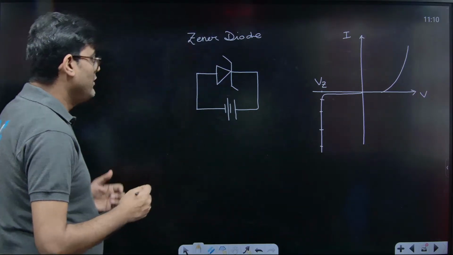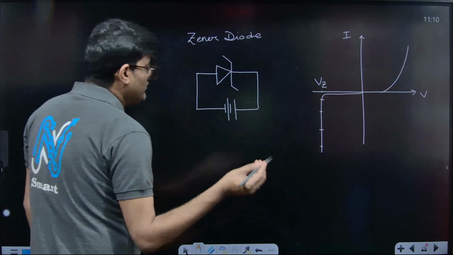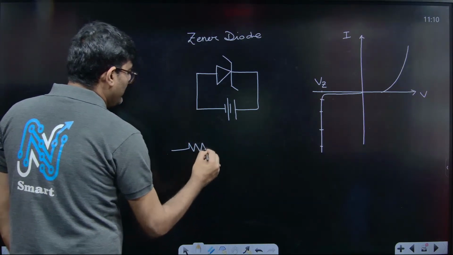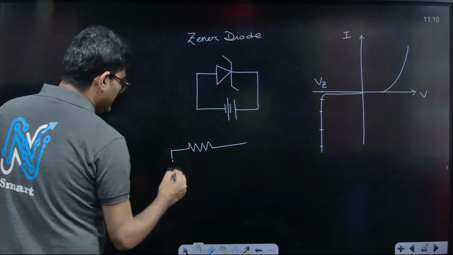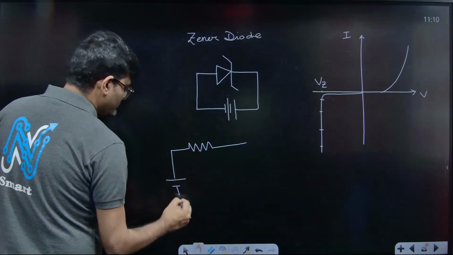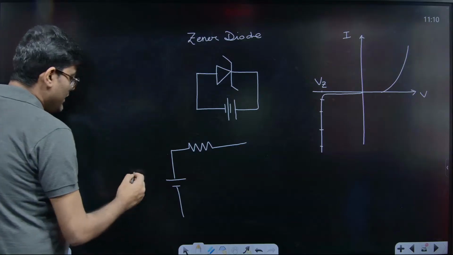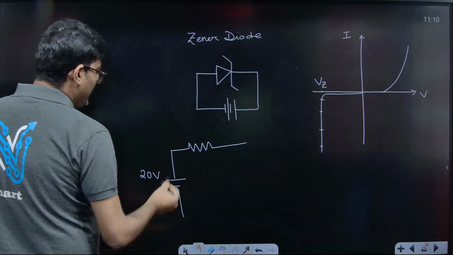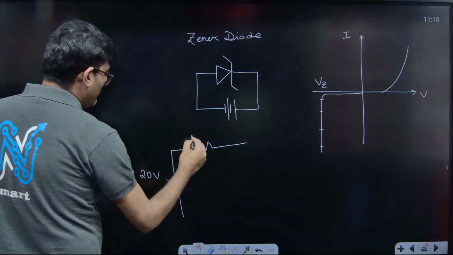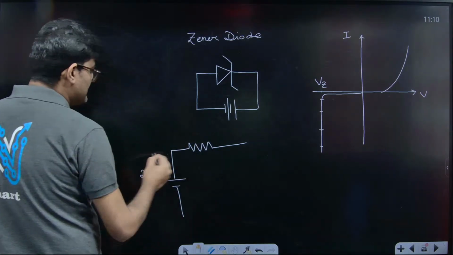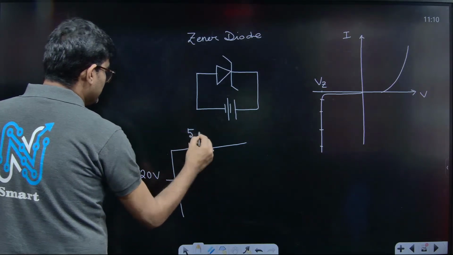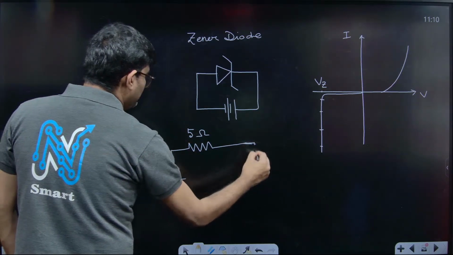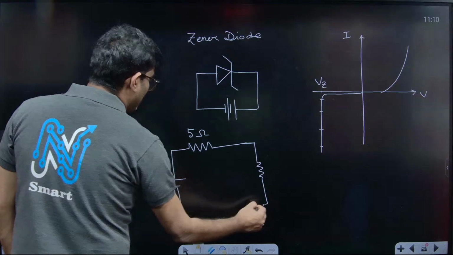How is it used as a voltage stabilizer? Let us try to learn this through a circuit. Suppose there is a circuit like this where I have applied a voltage of 20 volt, right? And across it I have placed a series resistance. Suppose this series resistance is 5 ohm and there is an electrical appliance which is also of 5 ohm.